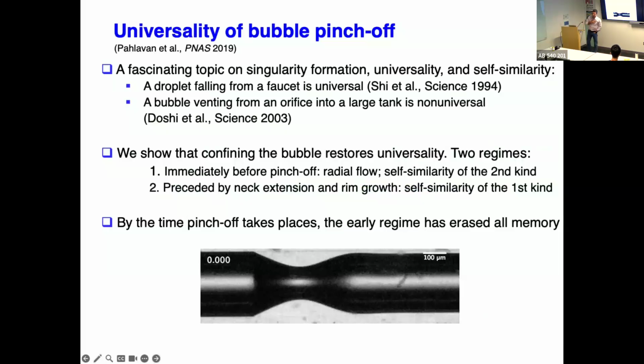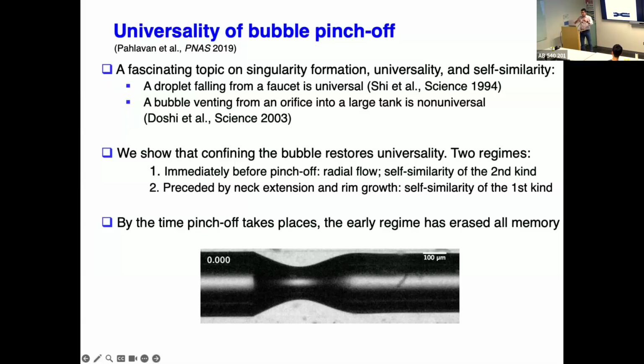As a side project, one of my students at the time, Amir Polavan, took interest in really understanding the pinch-off phenomenon. That is actually a fascinating thing. It turns out that it is universal. You can collapse all the behavior of how that pinch-off occurs into a single master curve of neck radius with time. But how that happens is what is really interesting.